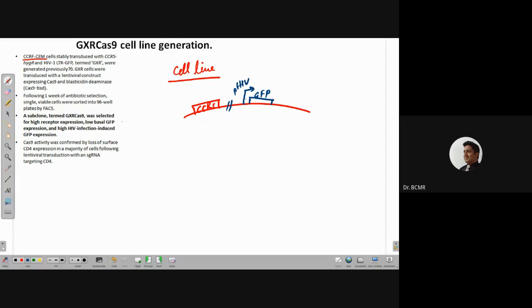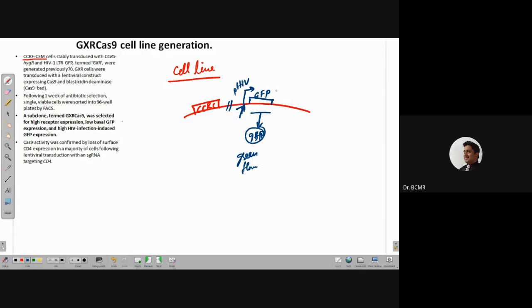If there is a particular factor from HIV, it would recognize this promoter and express GFP, and it will give green fluorescence. Only if HIV's factor that can recognize this promoter is present will GFP be expressed in higher concentration, and you will see bright green.